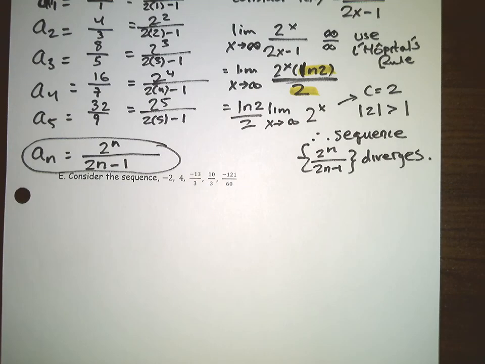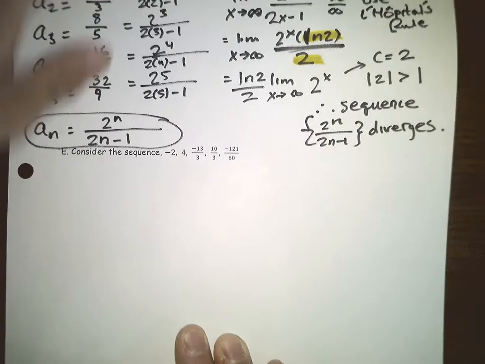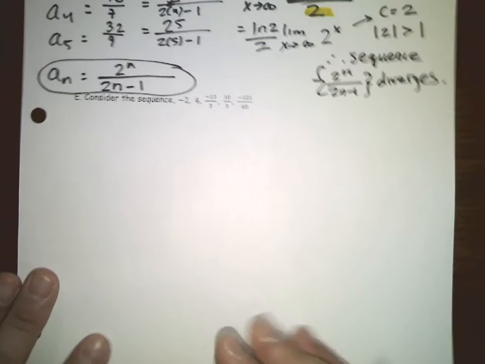So that one was very similar to the one before, but we had to figure out what the nth term was ourselves there. So the same thing for this next example here. Consider the sequence of -2, then 4, -13 over 3, 10 over 3, and -121 over 60.